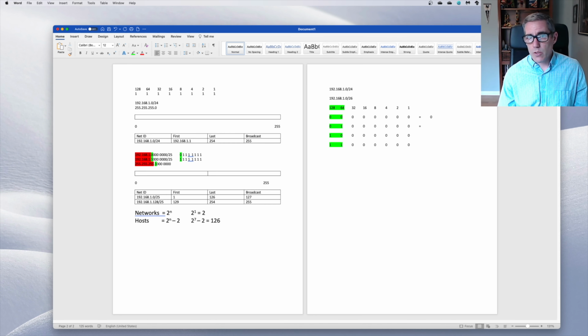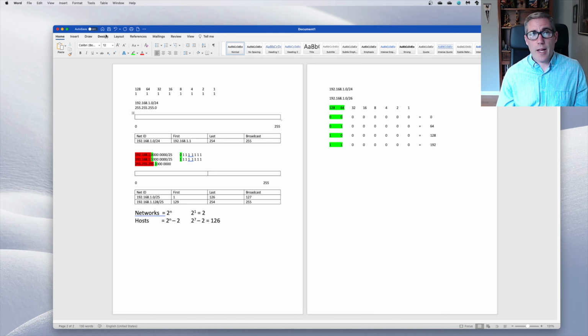This equals a 1 in the 64 column, and that's it, so that equals 64. This equals a 1 in the 128 column, so it's 128. And this one equals 128 plus 64, which is 192. These are our 4 networks.